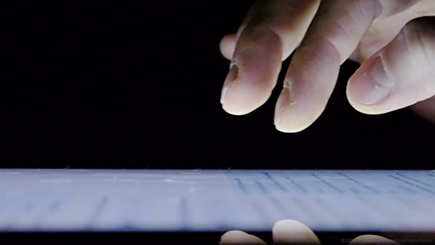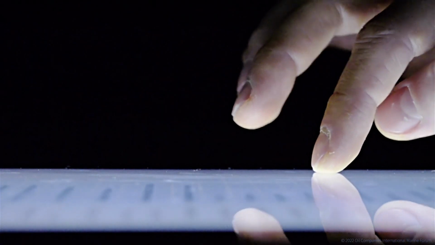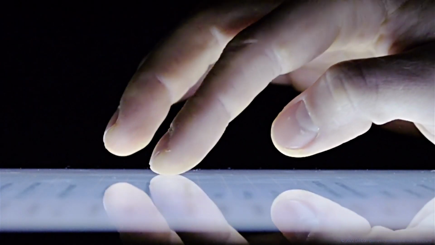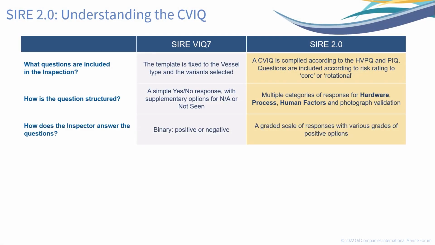All question sets are compiled based on the data provided by operators in the Harmonized VPQ, HVPQ, and the Pre-Inspection Questionnaire, PIQ. This removes the need for the not applicable, NA, and the not seen, NS responses in a report. Structure of the question's answer options.